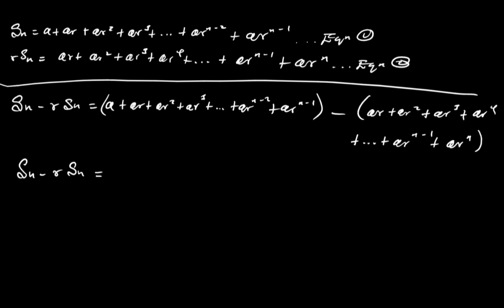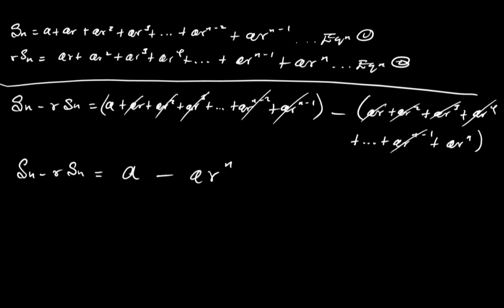This part will cancel out with that part, that will cancel out with that, this will cancel out with that, and so on and so forth. And you find that as you keep on going, even ar to the power 4 will cancel out, and ar to the n minus 1 will cancel out, and even this will cancel out. And as a result, we end up just remaining with a minus ar to the n.